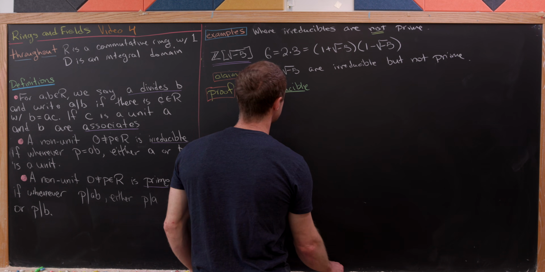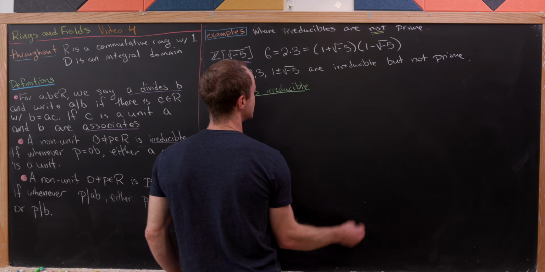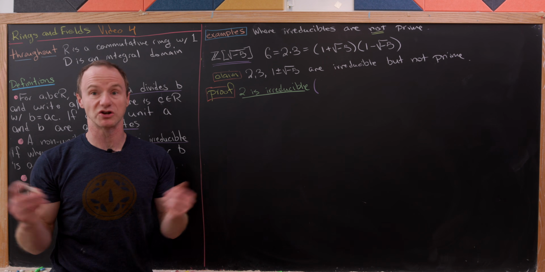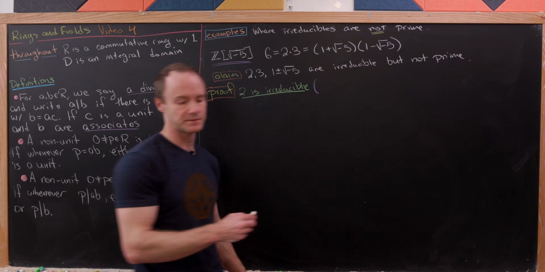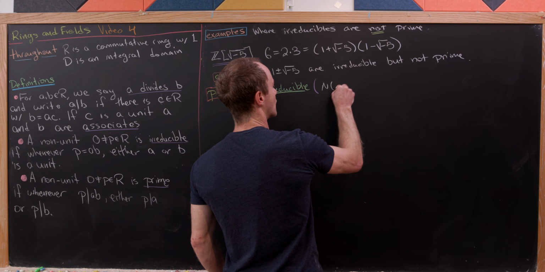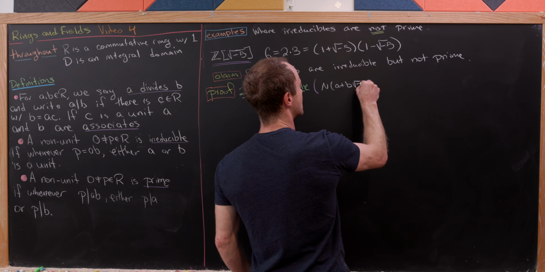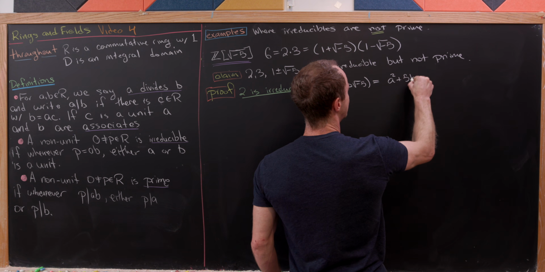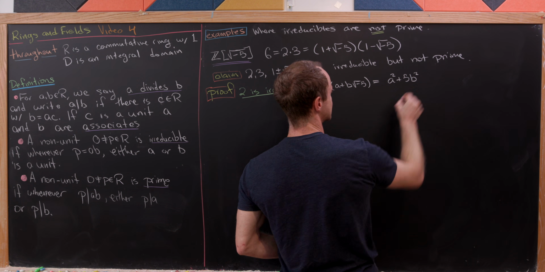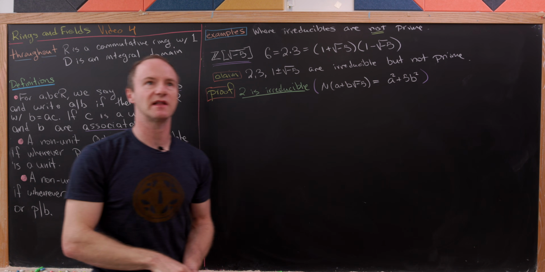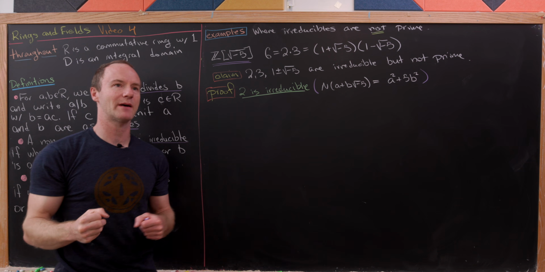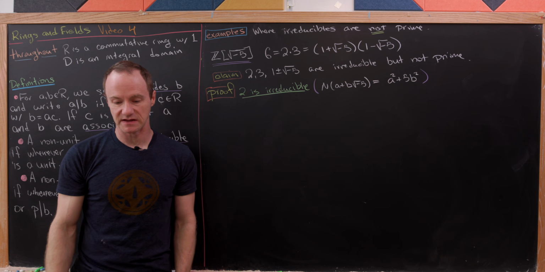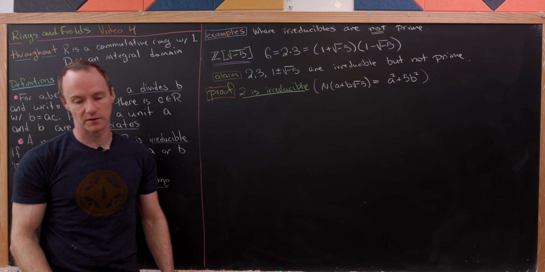And we're going to use this norm function that we used in the previous video. This is a great tool for working in these quadratic extensions of integers. So let's recall that the norm of a plus b root minus 5 is equal to a squared plus 5 times b squared. And that essentially pushes a problem happening in one of these crazy rings to something happening in the integers, which is sometimes helpful.